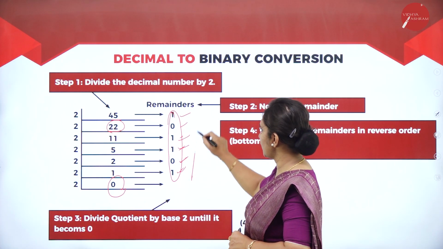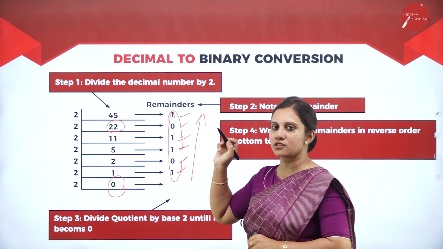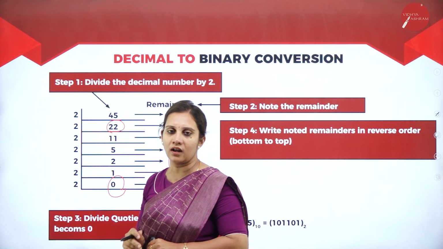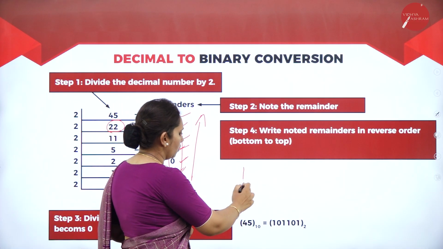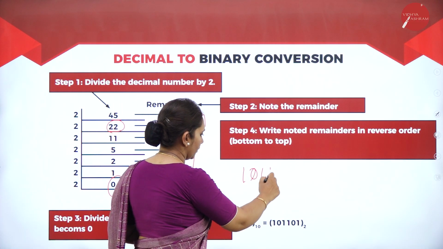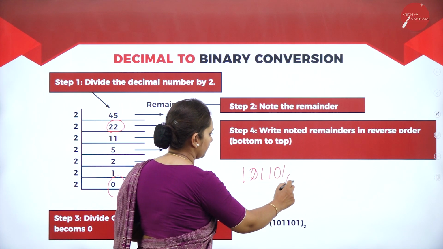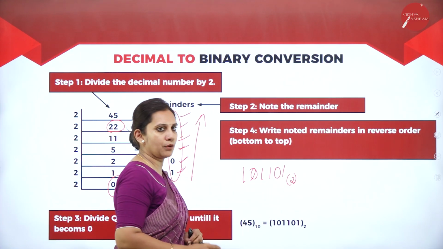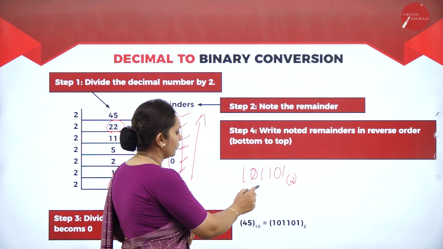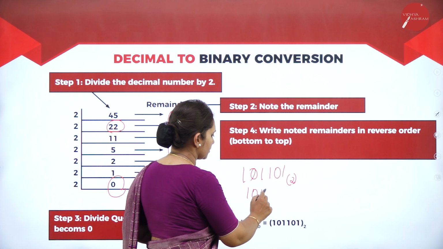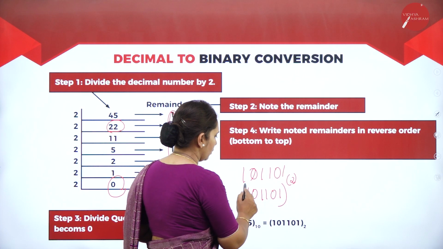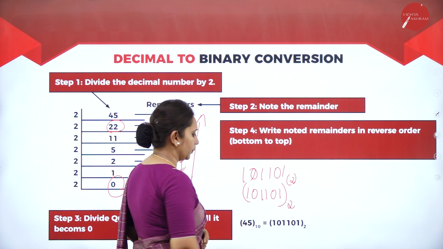When I take it from bottom to top, that is the reverse order I am talking about, it will be 1 0 1 1 0 1 to the base 2. This is very important. When you are writing this, you need to write it with the base 2 as a subscript.